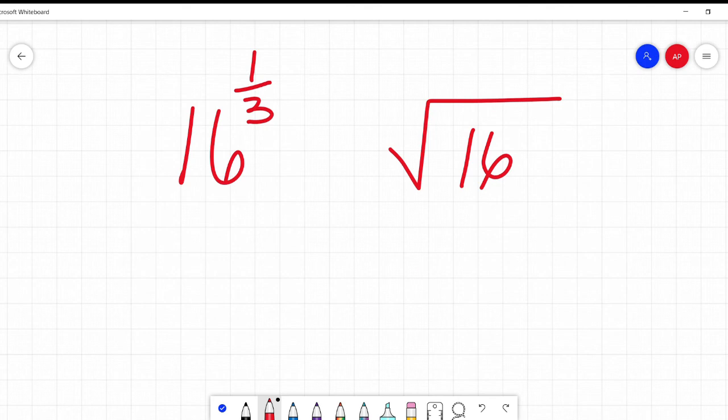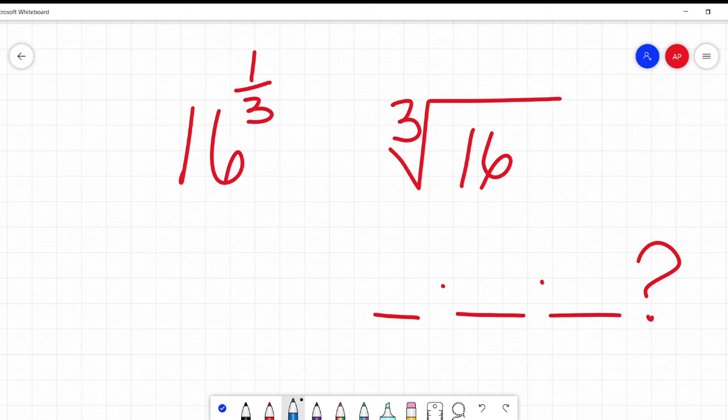It means what times itself 2 times equals 16 is what this is asking. So for all of our other roots, if we're saying what number times itself 3 times would equal 16, we put a little 3 there. Now it's a cube root. And that's what this 16 to the power of 1/3 is.